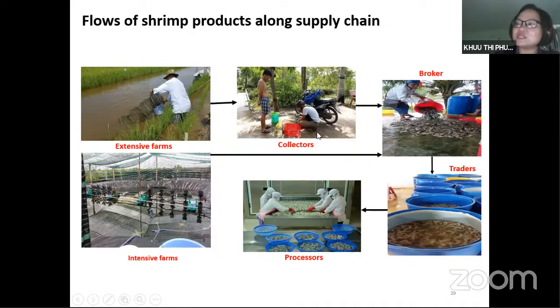Here in the picture, you can see collectors come to their farms and collect the shrimp. Very small quantities, and they come daily. Then collectors will sell their product to brokers, and brokers will sell to traders, to processors, and then processors will export. Maybe the processor is also the exporter. And the other farms will sell to brokers, and then they will sell to traders, and so on.